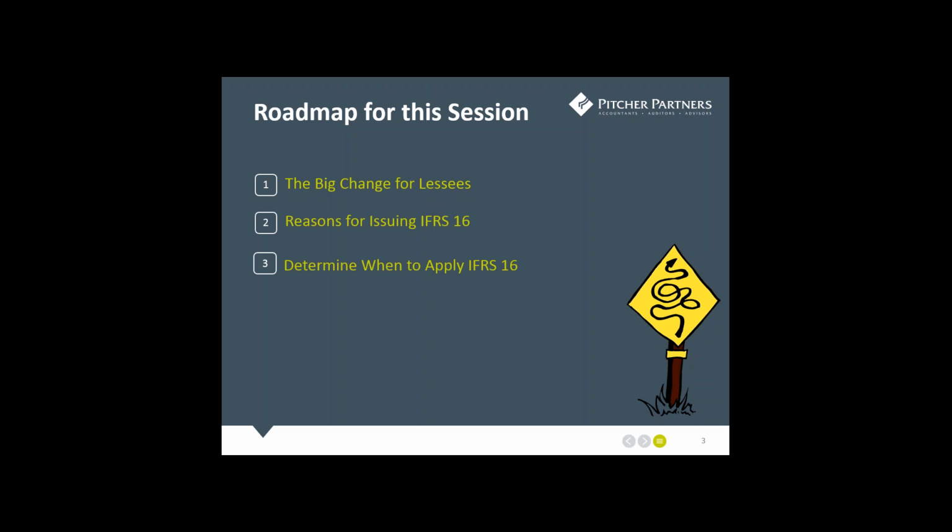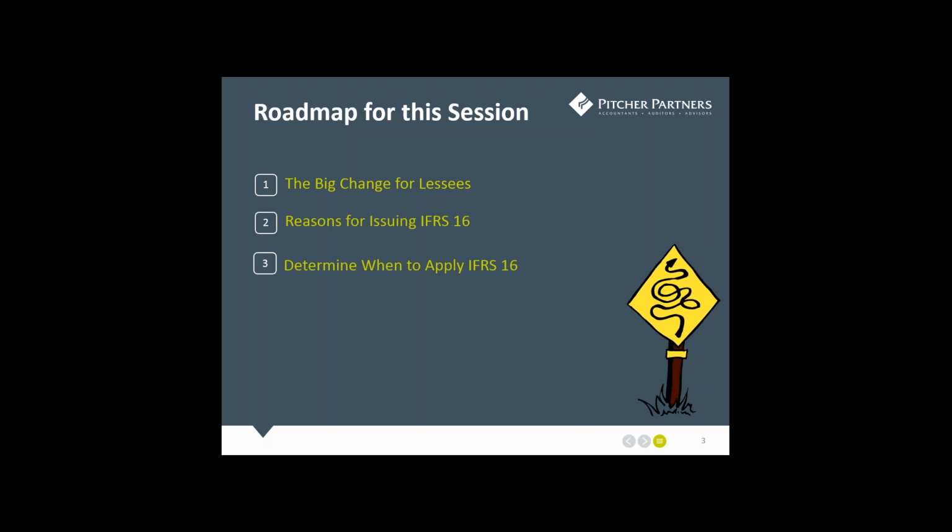We'll then look in section 3 at determining when to apply IFRS 16. Because again, that's a new development. Currently we have IAS 17 or AASB 117. We've got interpretation 4. We've got interpretation 115 around lease incentives. So all of that has been replaced by the new IFRS 16.